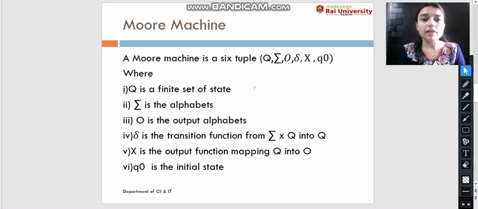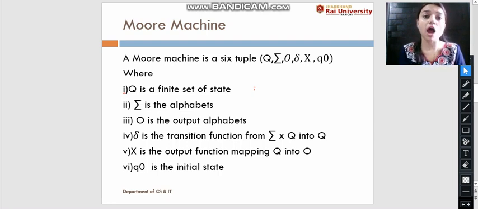Here in a finite state machine with an output, we have an input alphabet as well as an output alphabet. And delta represents the transition function. It means on giving some input to the present state, we will reach another state. And X is your output function that maps Q into O. And Q0 is the initial state. A finite automata with an output, we don't have any final state.